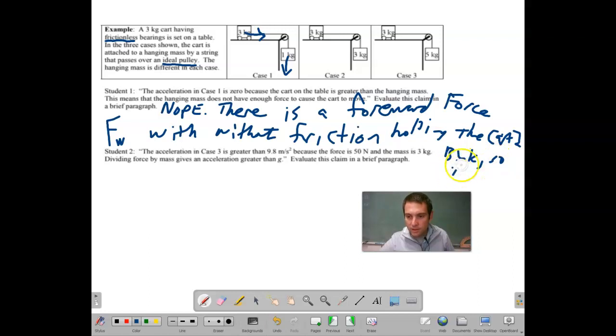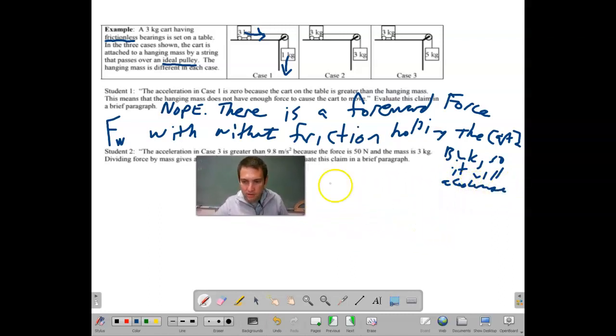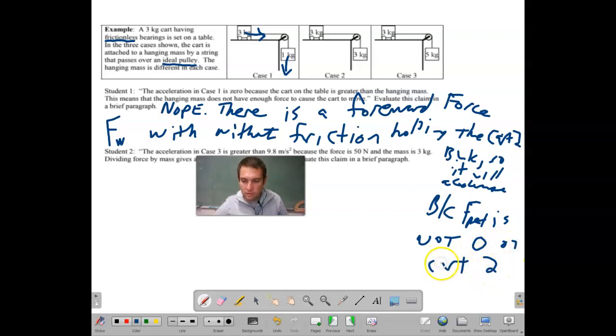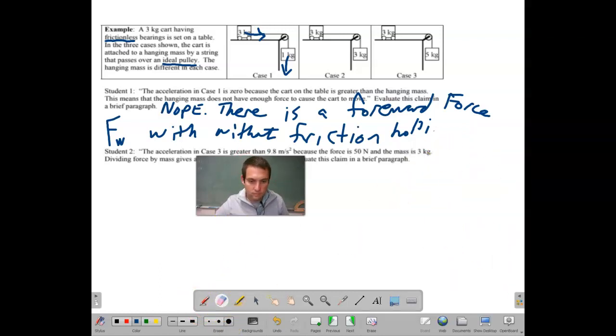So it will accelerate. Accelerate because, the important part, the net force is not 0 on cart 2. So without there being a net force, there must be an acceleration. I'm erasing that because I'm probably going to need it.